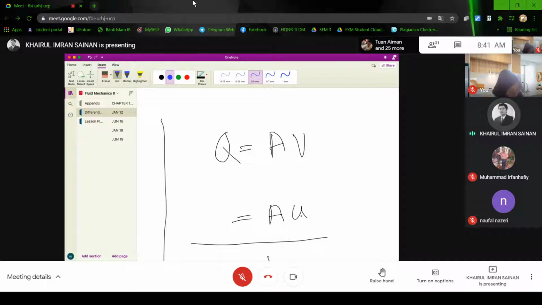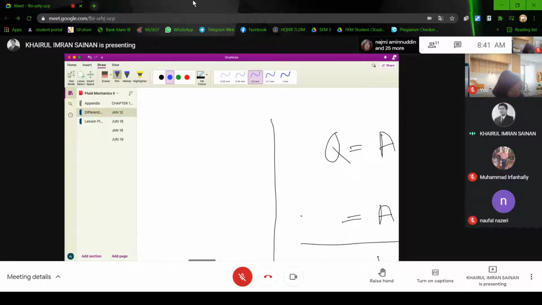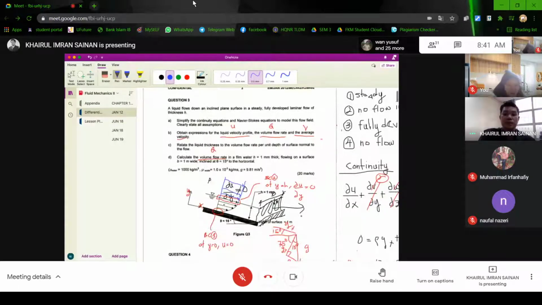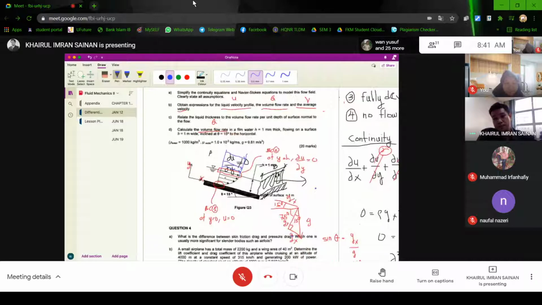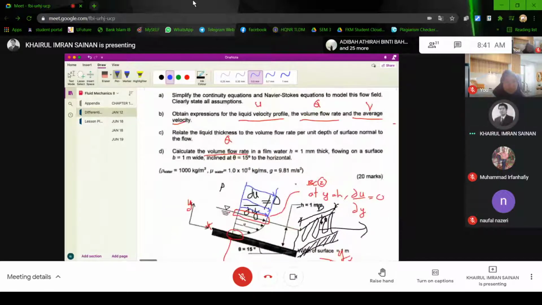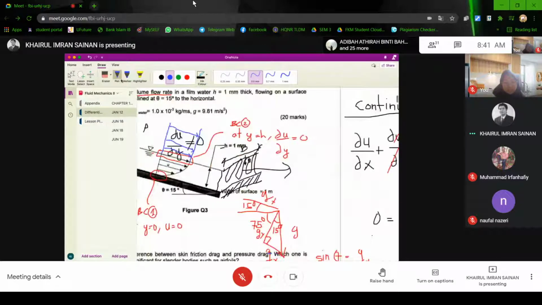From here, we need to take a look at the direction of discharge, which is Q. So we go back to the figure. This is Q. Q equals to AV, so the area of interest is this one.